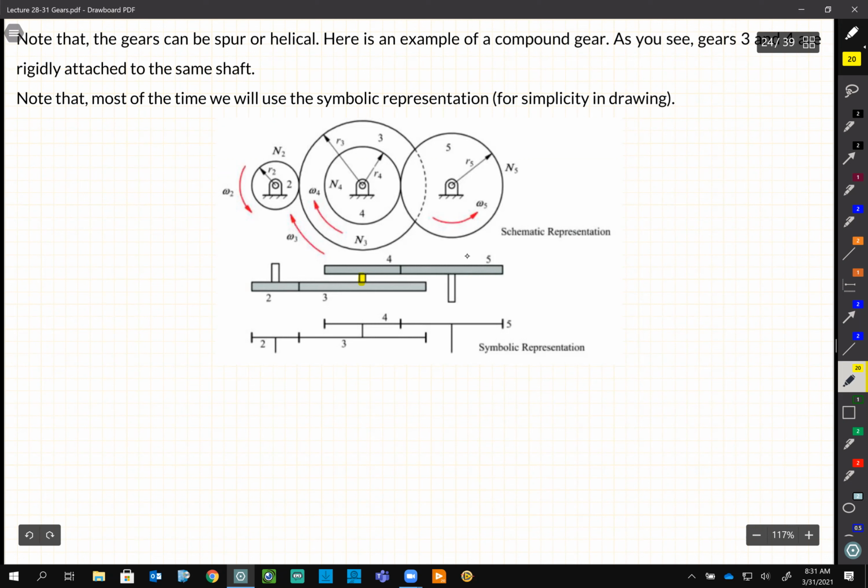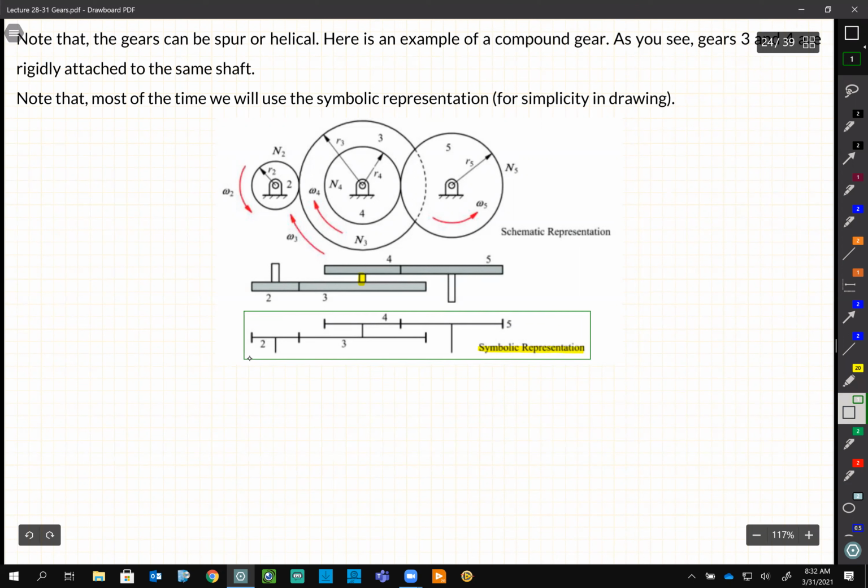In your textbook and in many drawings, people sometimes use a symbolic way to show gears, and you also need to know how to show gears symbolically. It's in fact very simple.